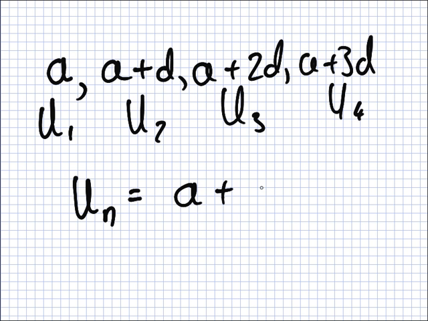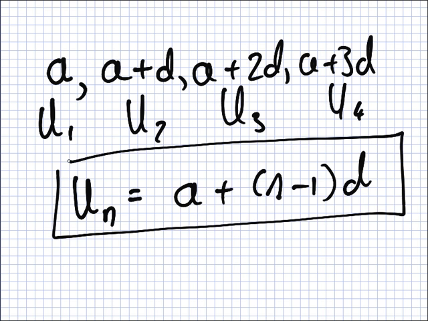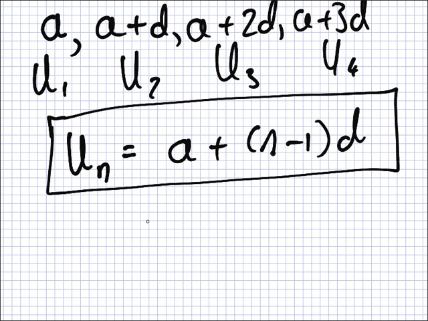A plus N, not ND, Ming. N minus 1, N minus 1 D. Yeah. Right. So write that down and we'll have a look at some examples.